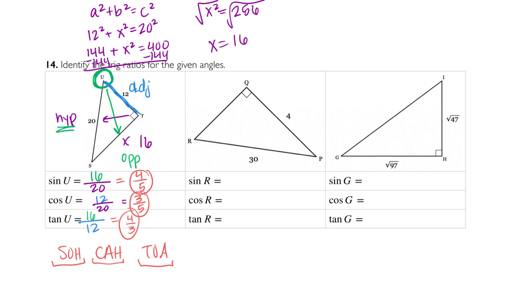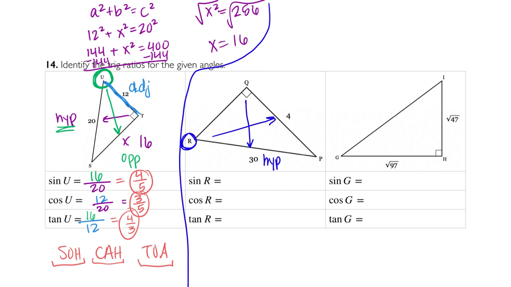Okay, so next one, we have, again, we know what the hypotenuse is. We're looking at angle R, so we know which side the adjacent is. Sorry, no, opposite. My bad, opposite across from. We're looking for the adjacent.